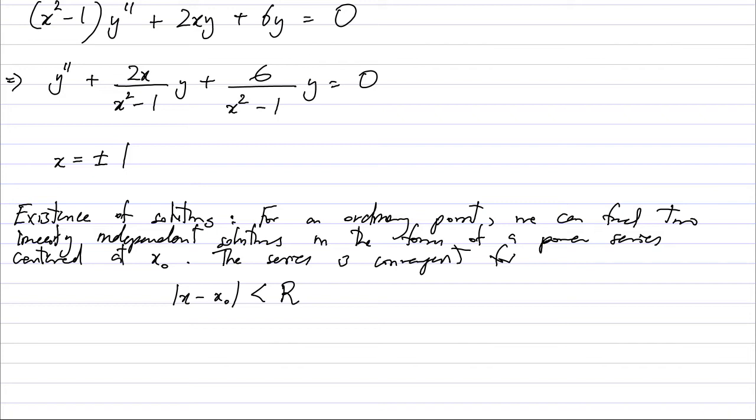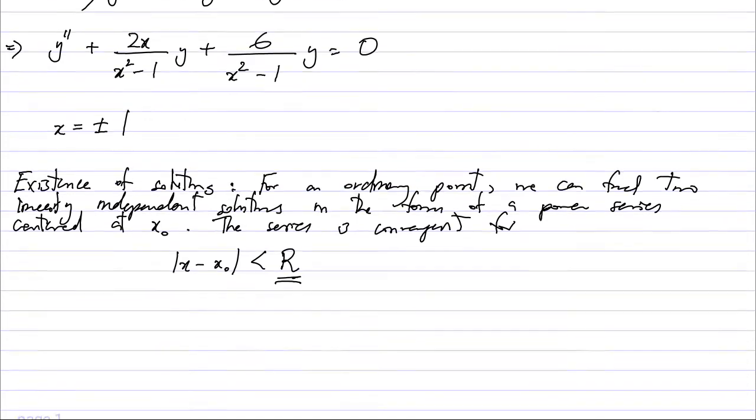Those power series are guaranteed to converge within some interval given by this, and R is essentially the minimum between the radius of convergence of P of x and Q of x. Let me explain what that means.